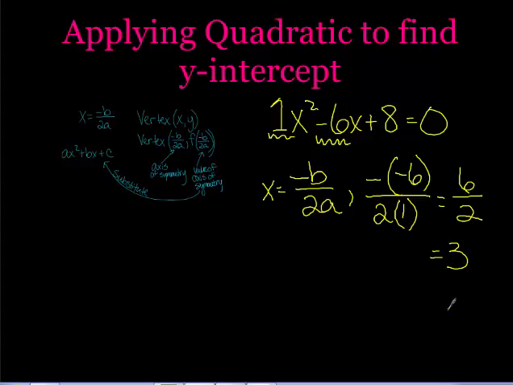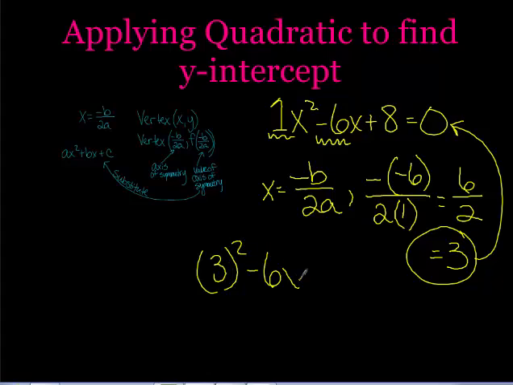So now that we've found the axis of symmetry, we're going to take this value and substitute it back into the original. So we're going to have 3 squared minus 6x, but remember x is 3, plus 8. So 3 squared is 9, minus 3 times 6 is going to give me 18, plus 8.